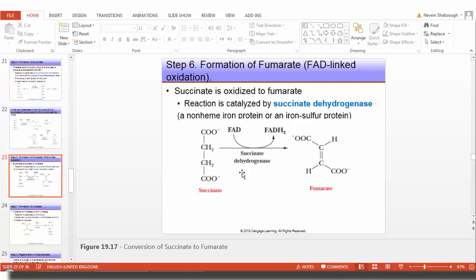Now the latter name, iron-sulfur protein, refers to the fact that the protein contains several clusters that consist of 4 atoms each of iron and sulfur. Again, FADH2, this reducing equivalent, can later give ATP, as we will see in the next chapter.